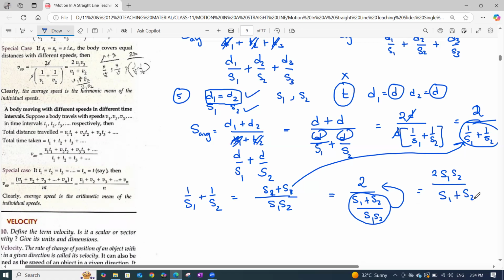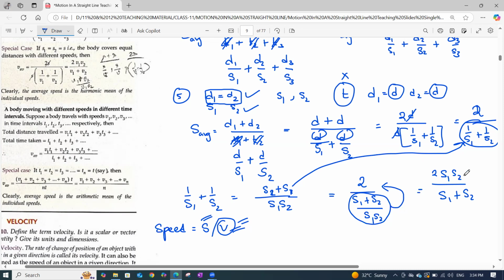Another thing: speed can be mentioned with the letter S or V. In your 11th class, whatever material you take, they will mention speed with the letter V. So from now onwards, instead of S, let us mention it as V. V stands for velocity; velocity and speed are the same.